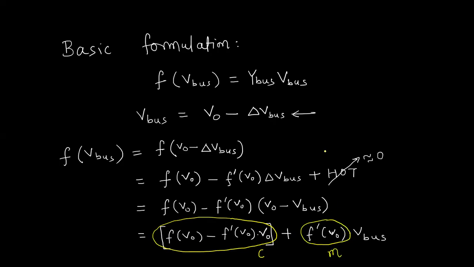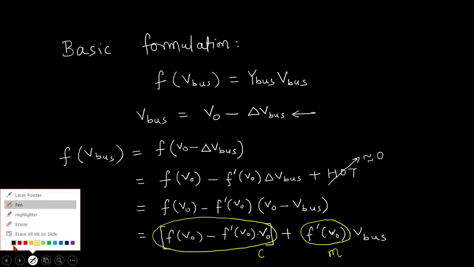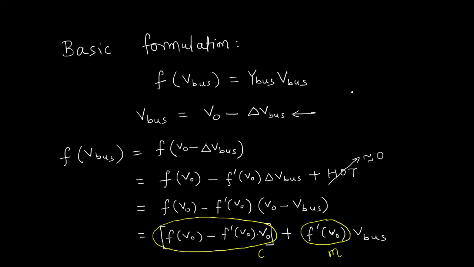So now we represented that function, which is a nonlinear function f of V bus, as m times V bus plus c. So we converted it into a linear equation that is equal to Y bus V bus, that we have seen already. So here, just a simple rearrangement of terms.